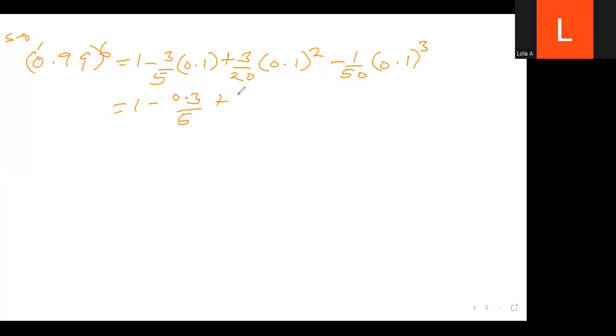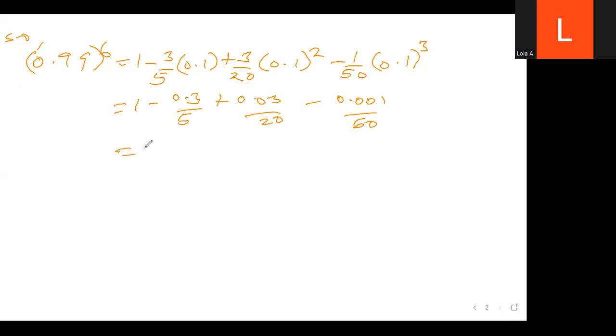Plus, now if you multiply 0.1 by 0.1, that's 0.1 squared, then times 3, that gives 0.03 over 20, minus 0.1 raised to the power of 3 will give you 0.001, 0.001 over 50.